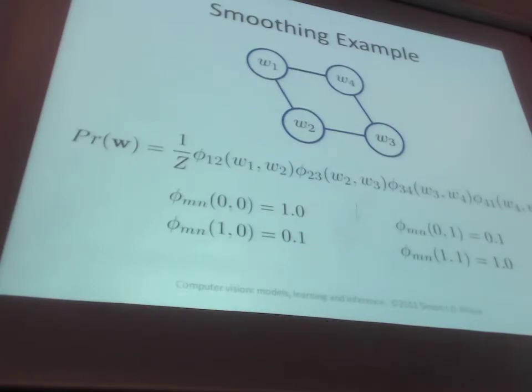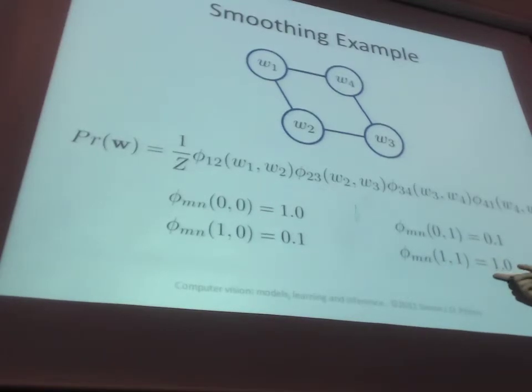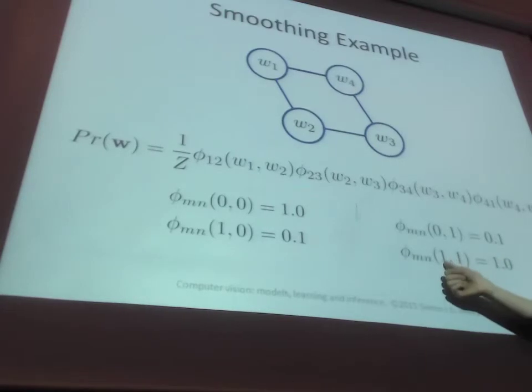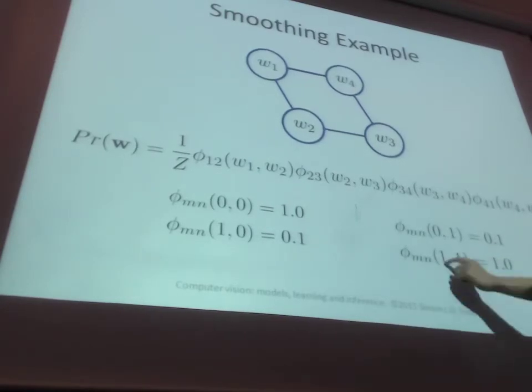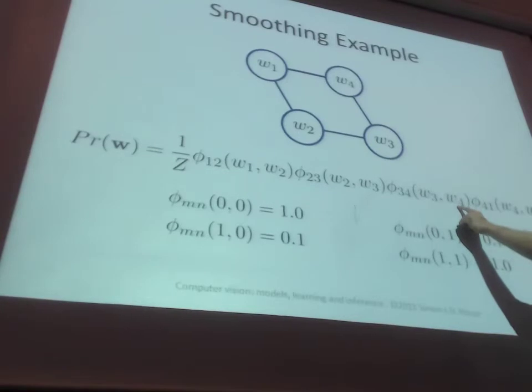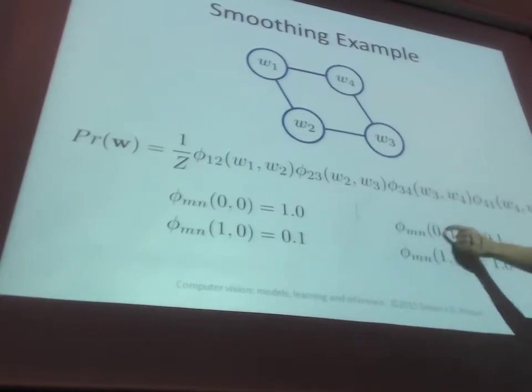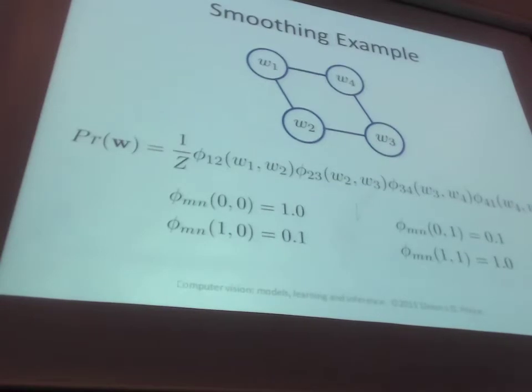Maybe we learned that, maybe someone told us that. Let's not worry too much about it right now. The idea is we celebrate and say, that's a high probability solution. If we find ourselves putting a 1 and a 1 into the same potential function, we get rewarded for that. If we put a 0 and a 1 somewhere, that's less likely.